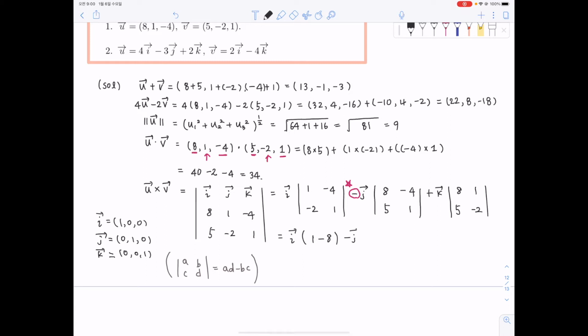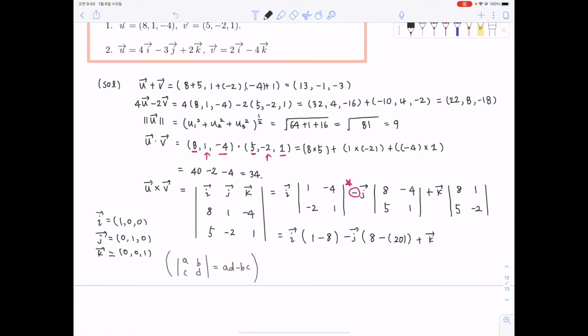And minus j times, we have 8 times 1 is 8, and minus 4 times 5 is minus 20. And plus k, we have 8 times minus 2 is minus 16, and minus 1 times 5 is 5.